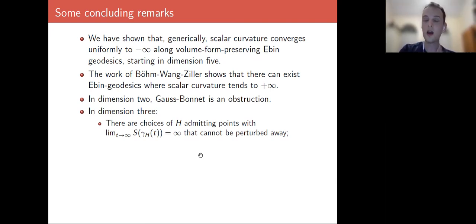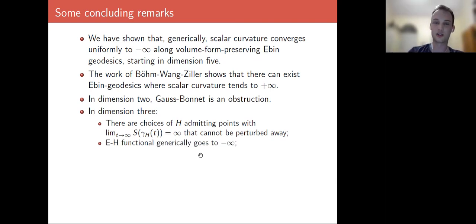But that's okay if all you're really interested in is the Einstein-Hilbert functional, because it is an integral of this thing. And since the points at which you get this large convergence to plus infinity are so tiny, in the integral sense, the dominating behavior is still that you're going to minus infinity.